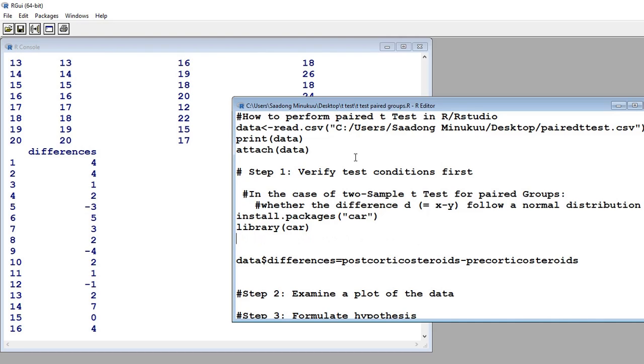We could just go back and attach our data set. After creating the new variable called differences, which is actually the difference between post-corticosteroids body mass index minus pre-corticosteroids body mass index, let's attach our data set once again so that R will recognize the new variable that we have created.